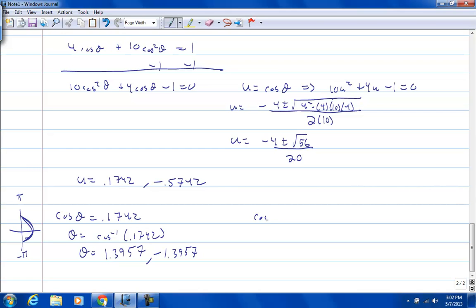And likewise, cosine of theta would be negative 0.5742. So theta would be cosine inverse of negative 0.5742, meaning theta would be 2.18238 and negative 2.18238. But we're still not done.